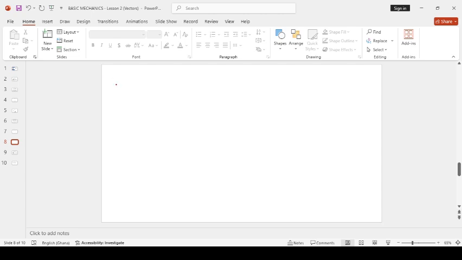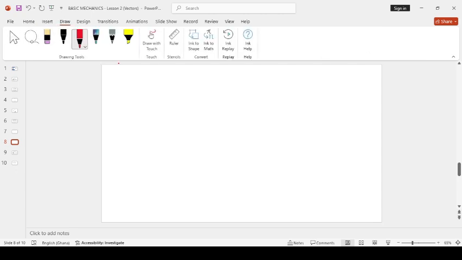So assume I have a vector here. Let's call this vector A. And I have another vector here. Let's call this vector B. So the resultant vector, which is R, is equal to A plus B.